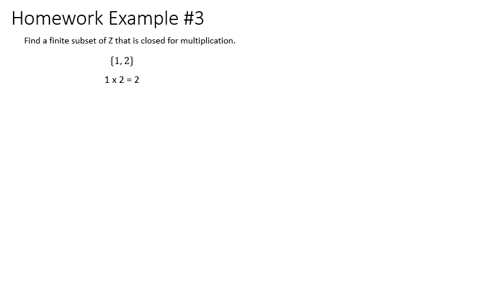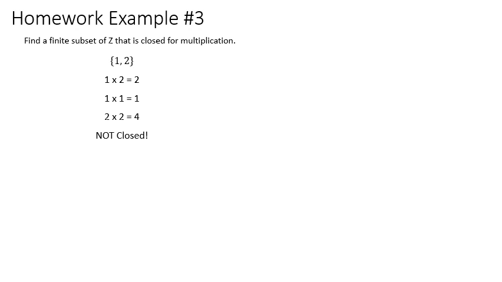Except that we also have to look at any member multiplied by itself. So 1 times 1 is 1. It's a member of the subset, so that works. But 2 times 2 is 4. Now, 4 is not an element of this subset, so it turns out that this is not closed under multiplication. This example is not closed.